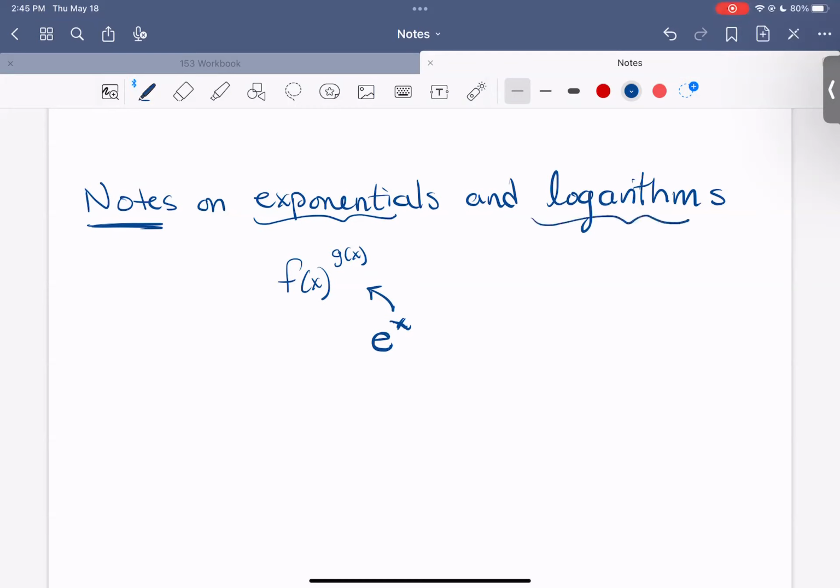And then logarithms. So often we write something like the function y equals ln, natural log of x. So what this means is e to the power of y equals x. These two are equivalent statements. This should be reviewed. This information is coming from something that you've probably seen in a pre-calc or maybe an algebra class in high school.